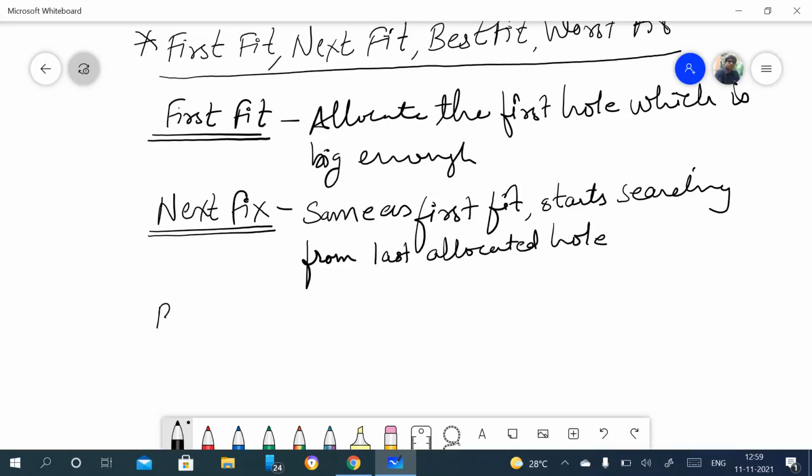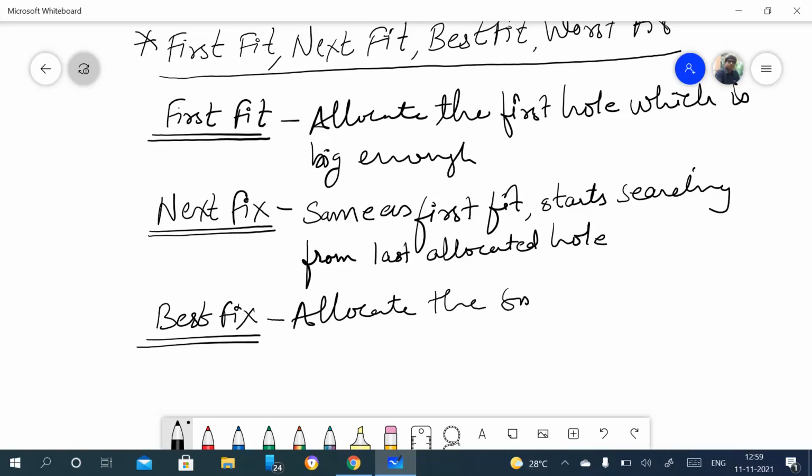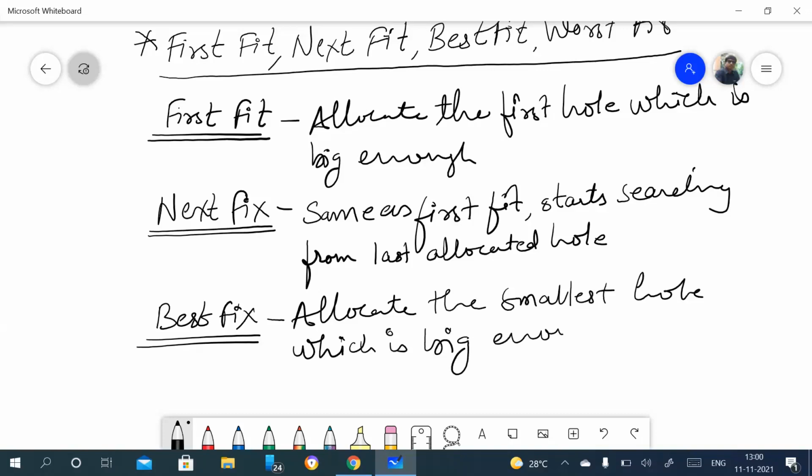Now best fit. Here, whatever is the best option, that we select. We allocate the smallest hole, and that should again be big enough to accommodate that process.